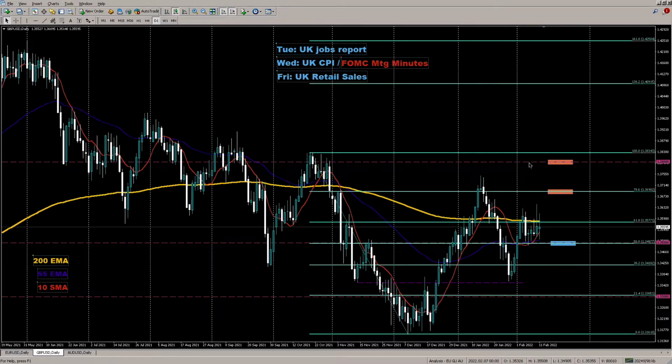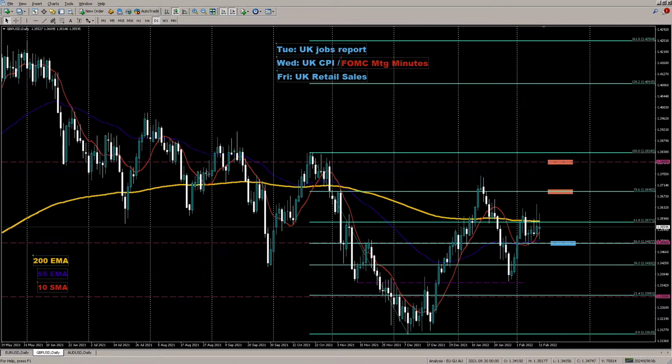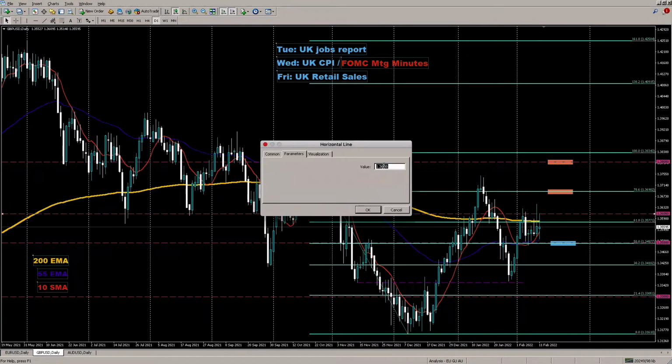So 138 is still a major resistance zone high up, but for now, it's settling just below the 136. So we can add a 136.00.